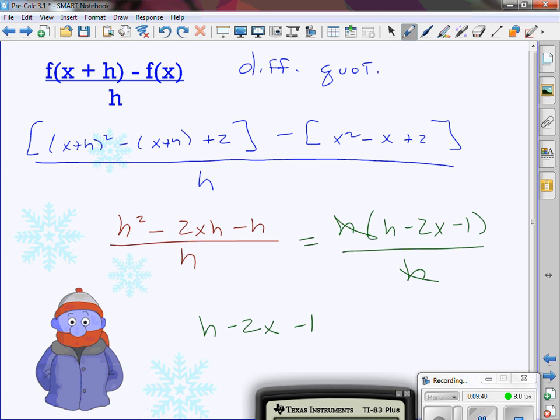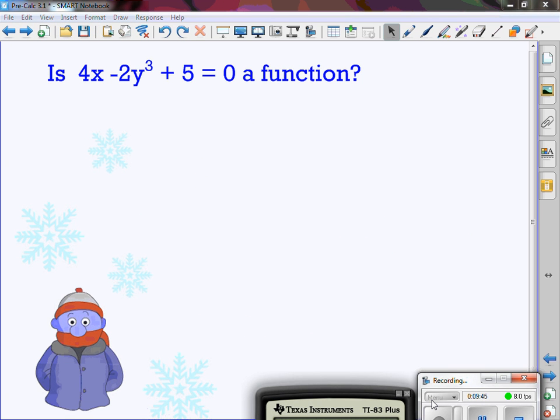All right, next piece of this lesson: is 4x minus 2y cubed plus 5 equals 0 a function? In order for it to be a function, for every x there can only be one y. Another way to tell is to graph it.